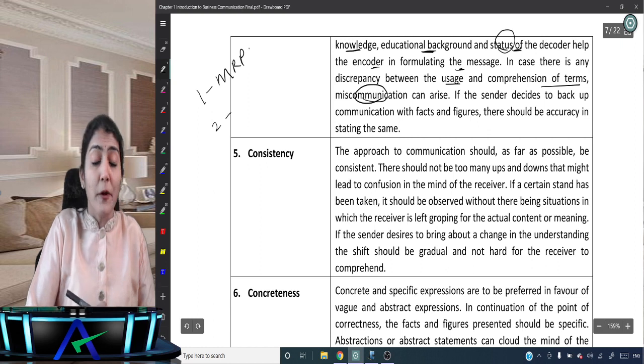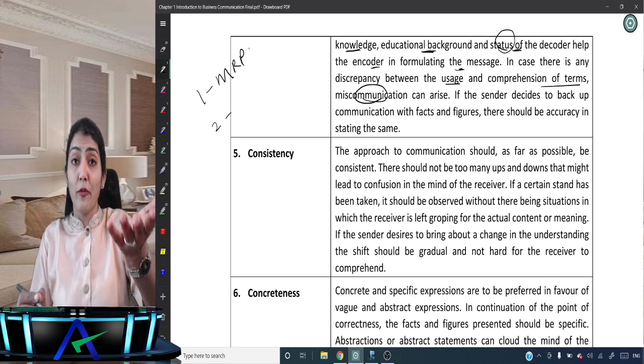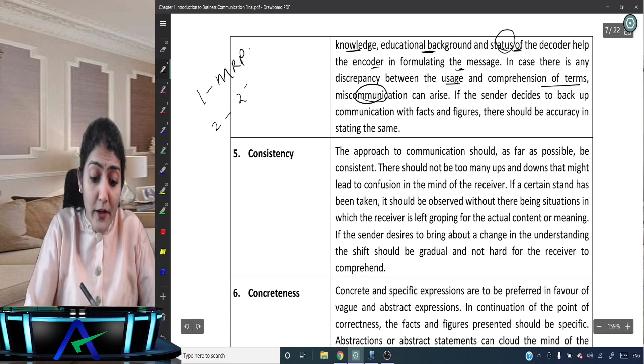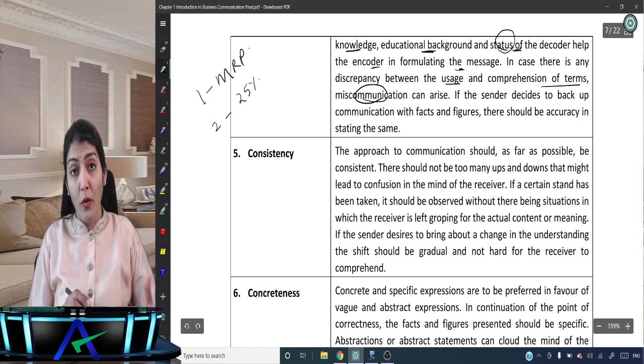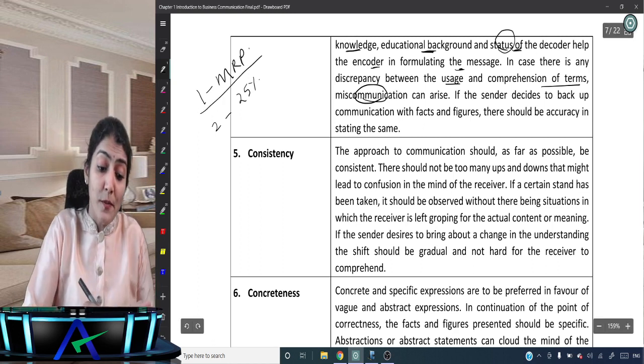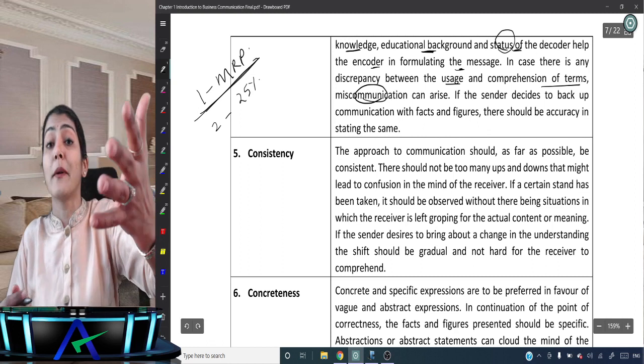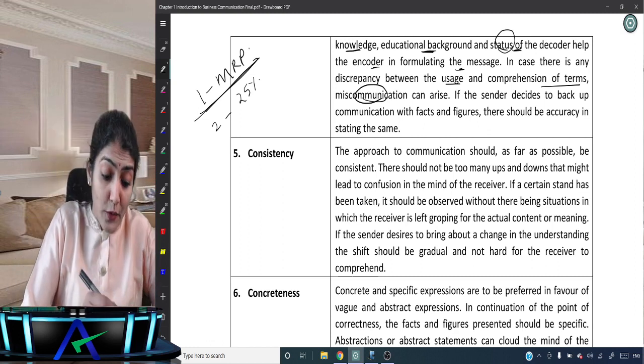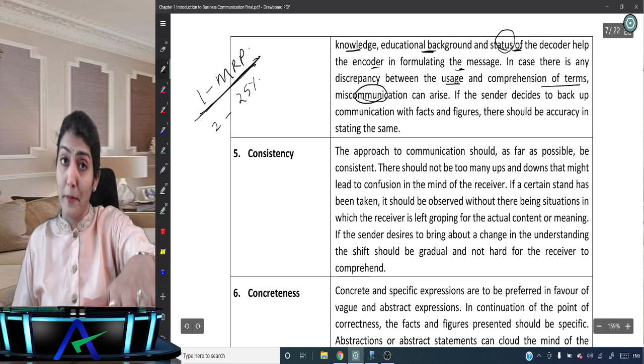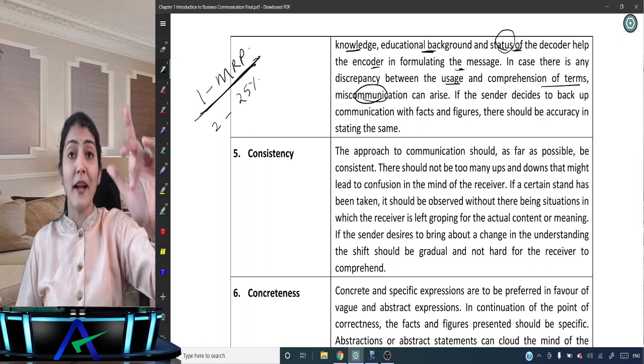And on the second product, if you buy one more product, you get 25% off. Oh, so then you say, I thought on the first product I buy, I get 25% off. They say, no, the first product you have to buy at MRP. If you buy only one product, you buy it at MRP.